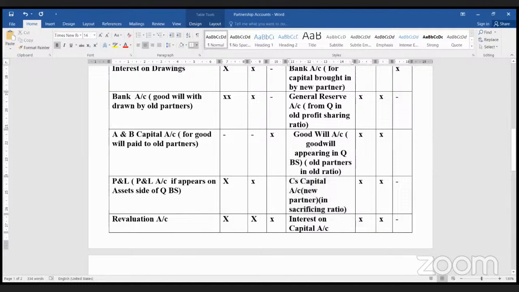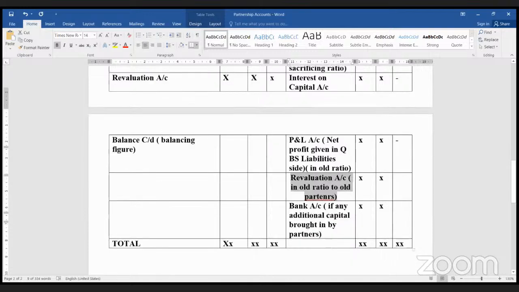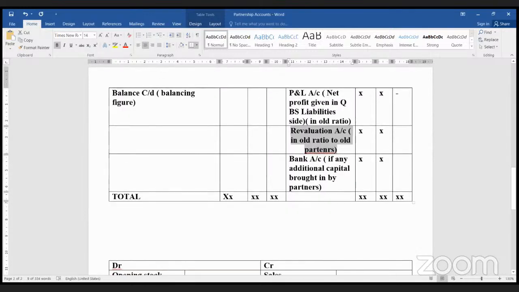And this one: if any goodwill is appearing in the question balance sheet, that is to be distributed among the partners. Any interest on capital the partners are getting. And the profit and loss account balance on the liability side, we'll take it on the credit side. Revaluation, I already said. And the difference of both.